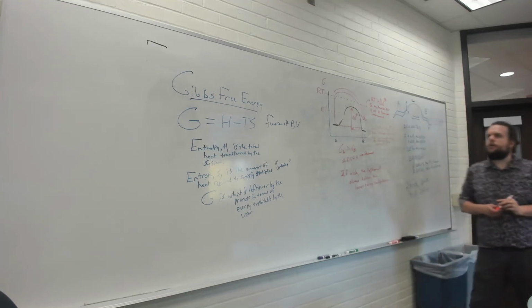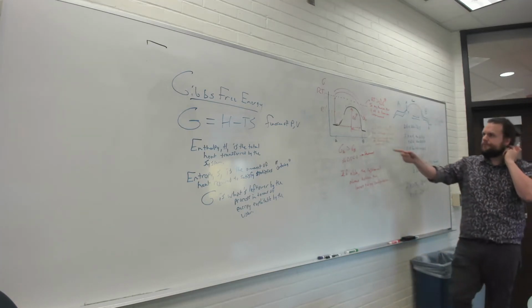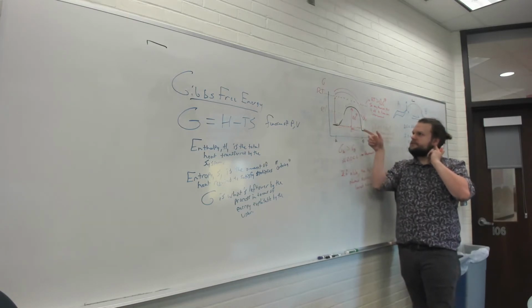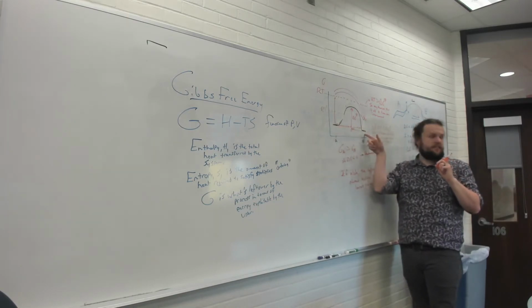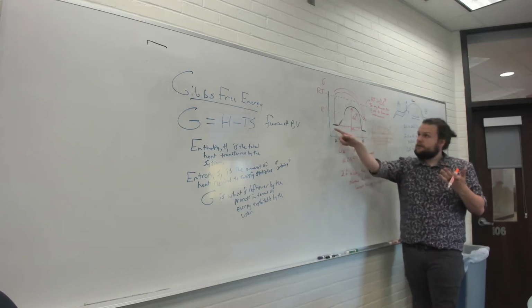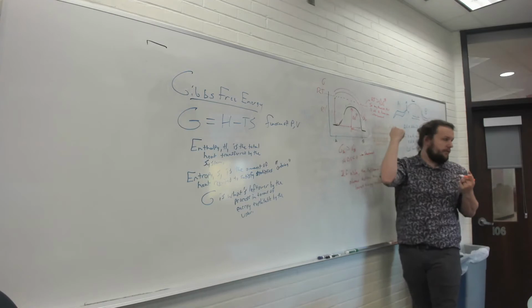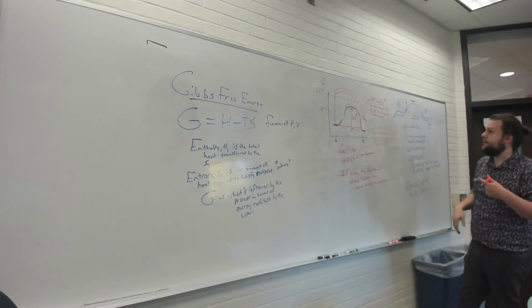So even though our numbers about B and A suggest that this reaction is spontaneous, delta G is less than 0, the system never has enough energy to go over the barrier, so it can't equilibrate.